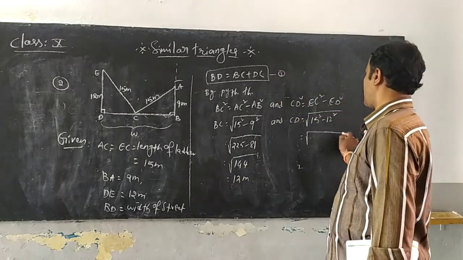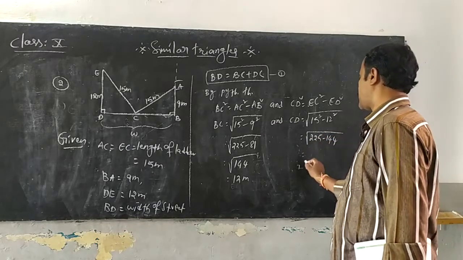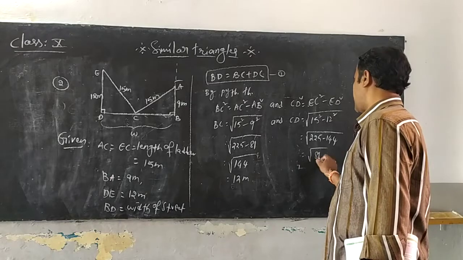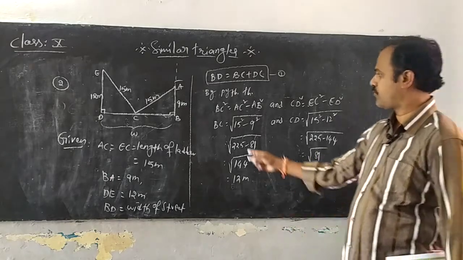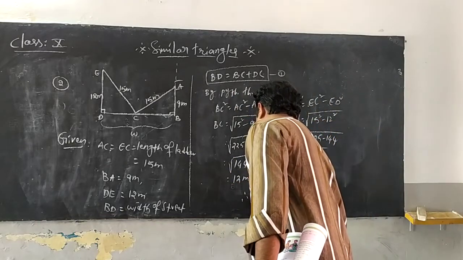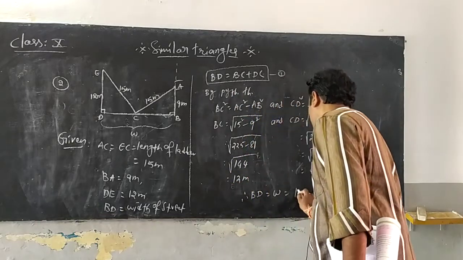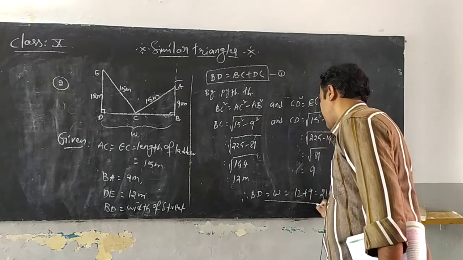And here root of 225 minus 144, which is root 81, that is equal to 9. We want to find BD, therefore BD is equal to width of the street is equal to 12 plus 9, that is equal to 21 meters.